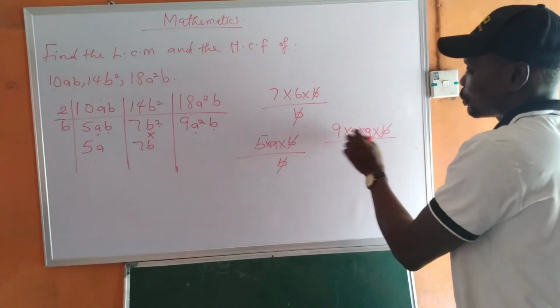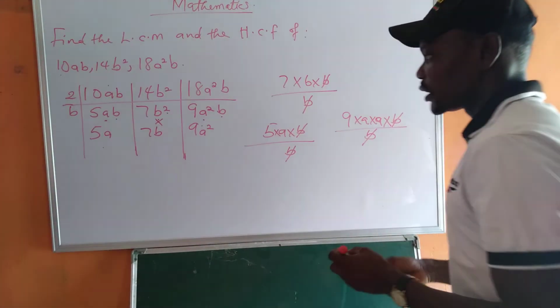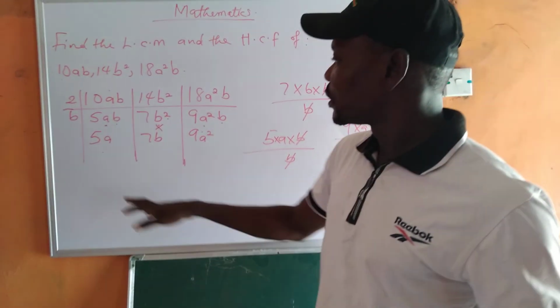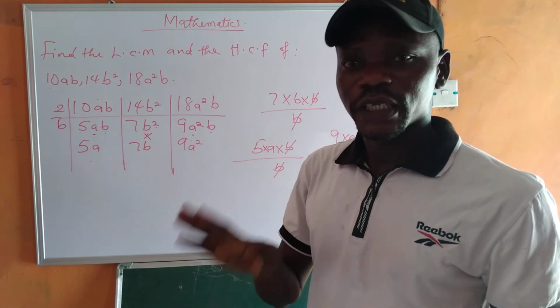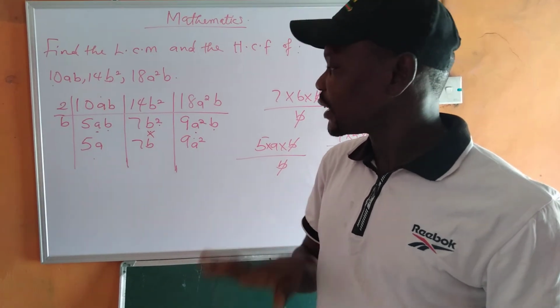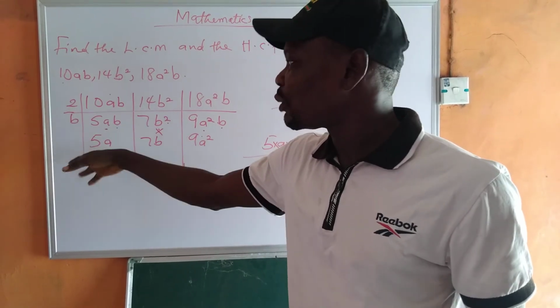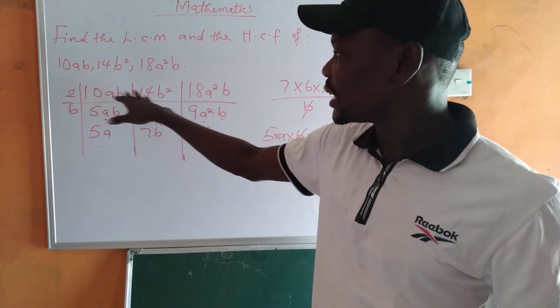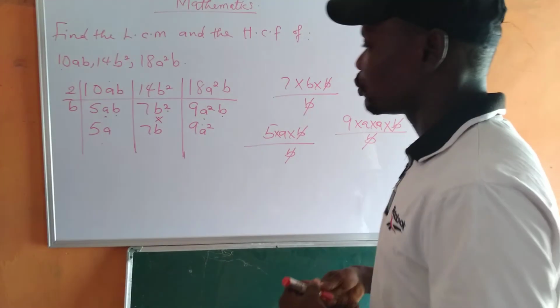B goes, so we have our 9a square left. If you look at it again, there is no other letter that can divide them all through. So our highest common factor between these 3 terms is 2 times b, which is 2b.